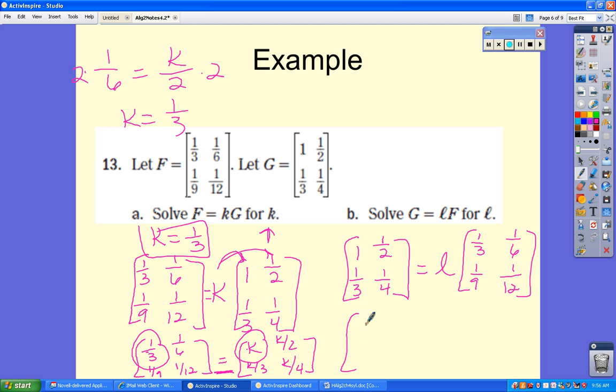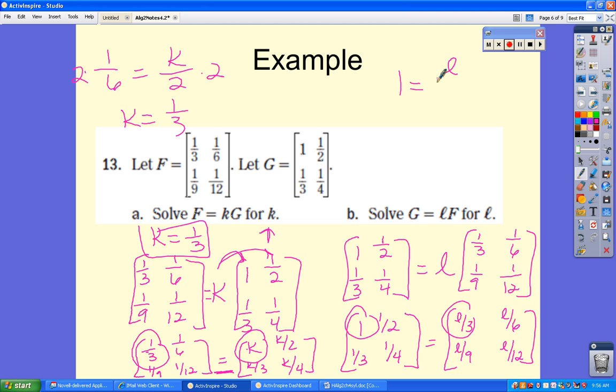This one's not as easy, but it's not hard. L over 3, L over 6, L over 9, and L over 12. Okay, find a piece you like. Again, I'm going to pick 1 equals L over 3. Get L by itself, multiply both sides by 3, L equals 3.